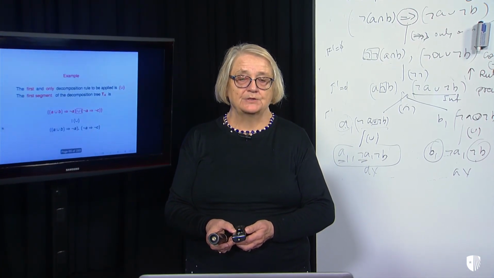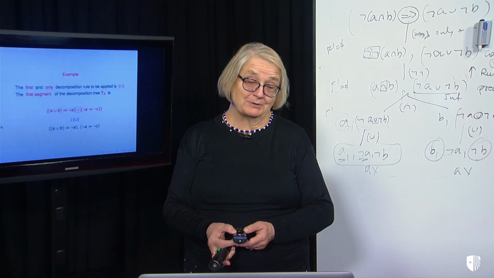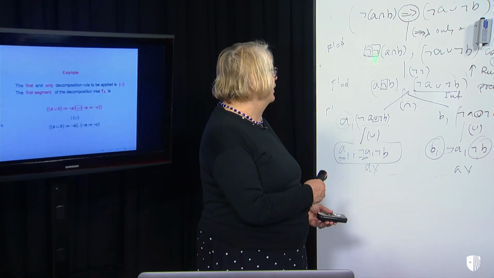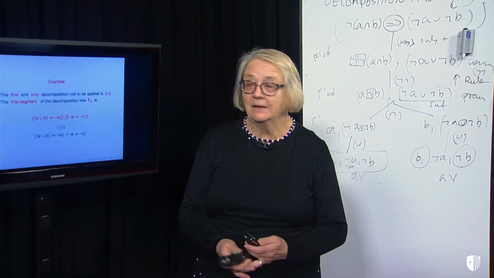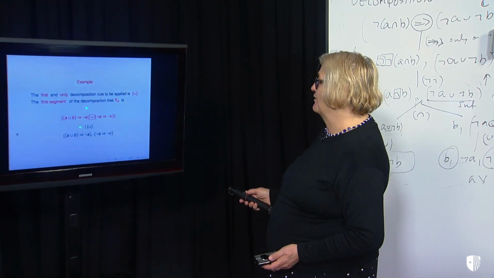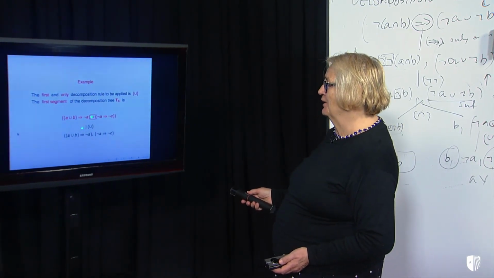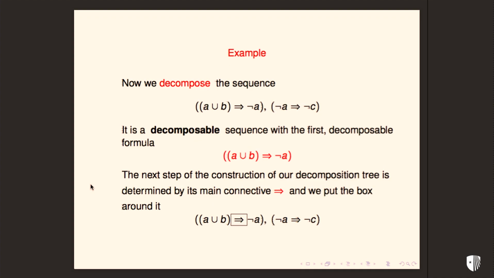And there's a repeat of what I just said, and you have examples. I'm not going to repeat it, but it's exactly what was on the blackboard. We started with that, and I put a little square around the main connective to show that you find the main connective, you apply the decomposition rule, and you keep going nicely to the next.